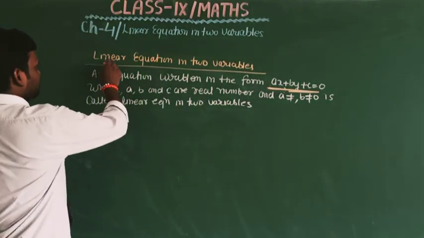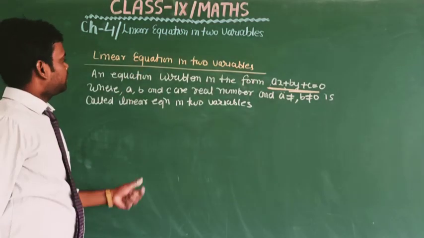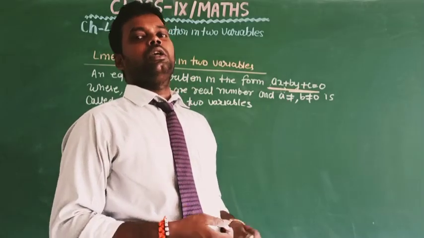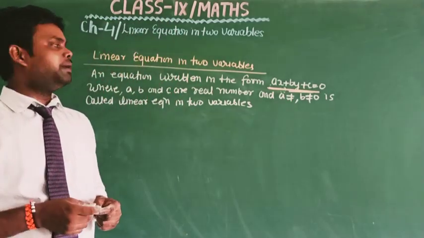So an equation written in this form is called a linear equation in two variables.